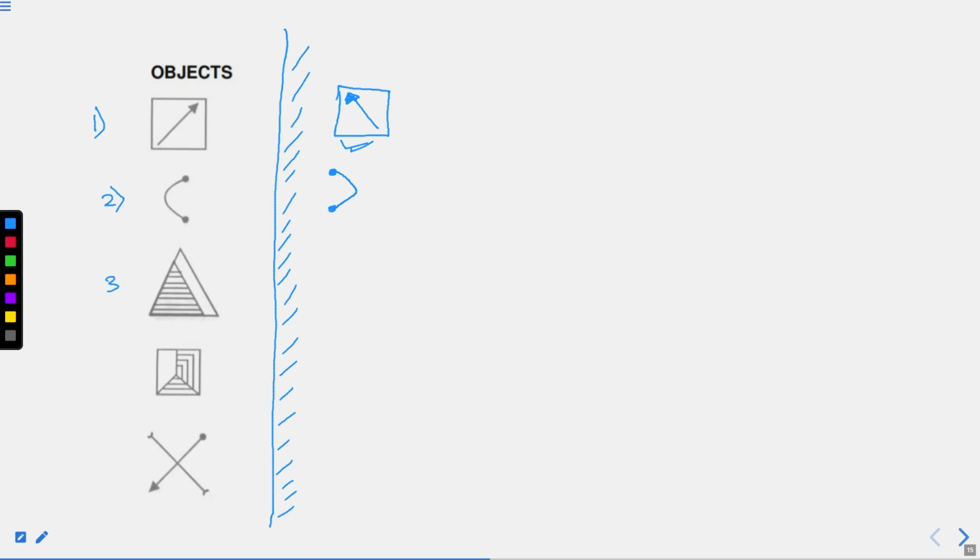Accordingly, for the third figure we have a triangle. The triangle will remain a triangle. Now you can see this triangle is on the western side, or on the left side. So here this triangle will appear on the right side. So here we go, we'll redraw this line. This line will go like this.